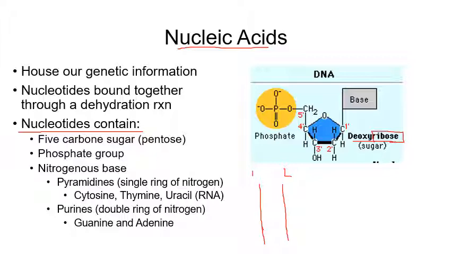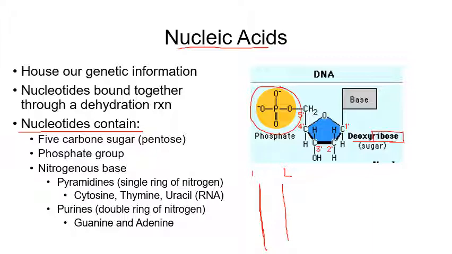But how do we bind through here? How do we make the strands? The backbone is going to be the phosphate. Our nucleotides contain a phosphate group. They contain a ribose. In this case, for DNA, it's deoxyribose. For RNA, it is just ribose.